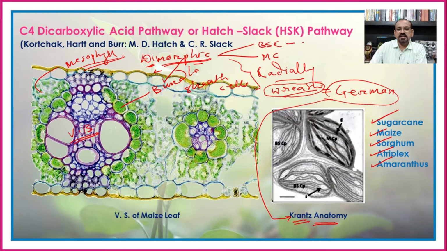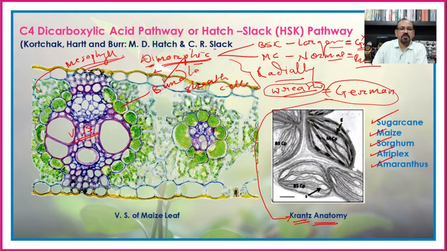In bundle sheath cell, the type of chloroplasts which are larger, while in mesophyll cell they are smaller or of the normal size. One more thing is the grana in bundle sheath cell are found to be absent and they are present in the mesophyll cell.